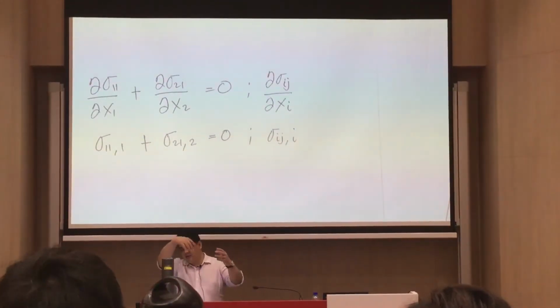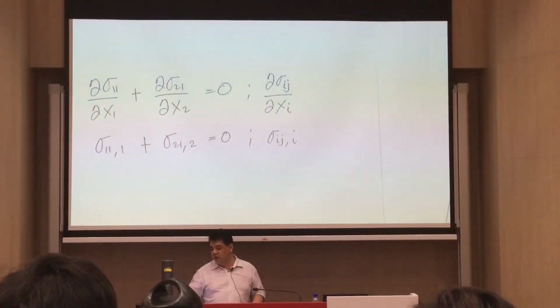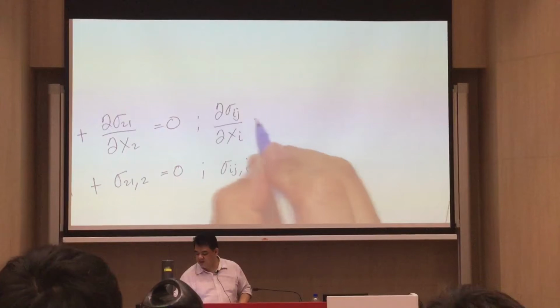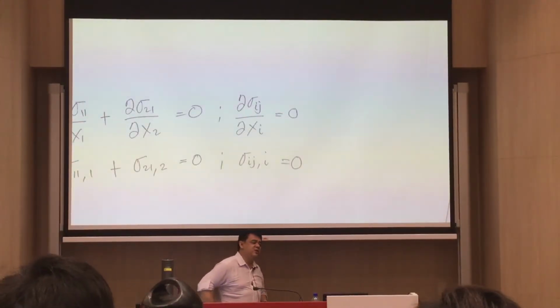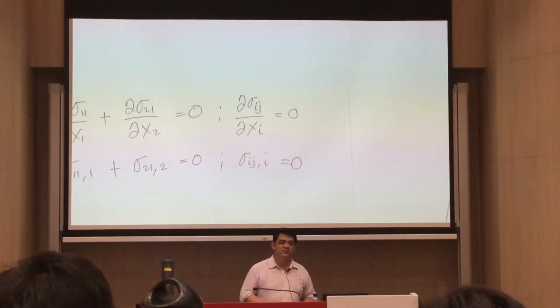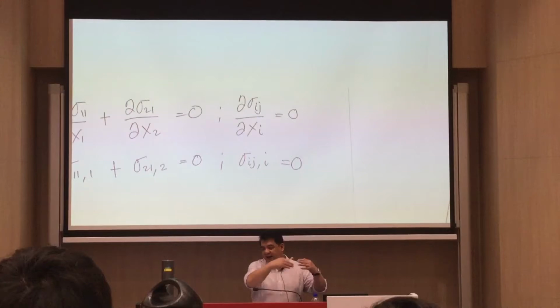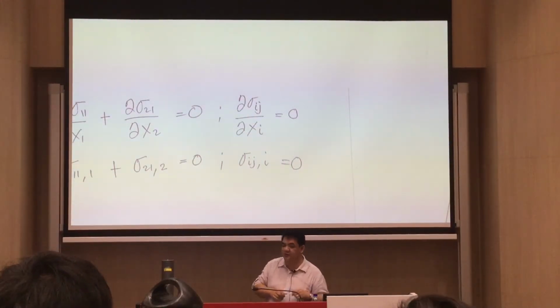So you can do the same. Take the summation of forces along x2, you'll definitely come up with the same thing. So this one is equal to 0. Equilibrium equation, because you're using the principle of equilibrium. So all the forces acting upon, say along one direction, acting upon that element is equal to 0.